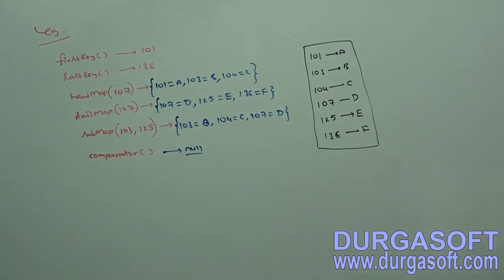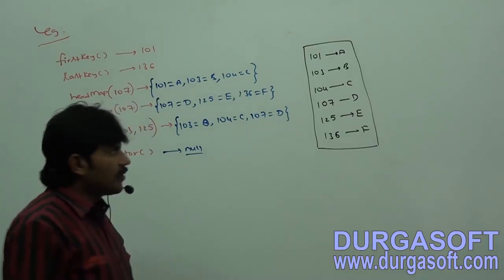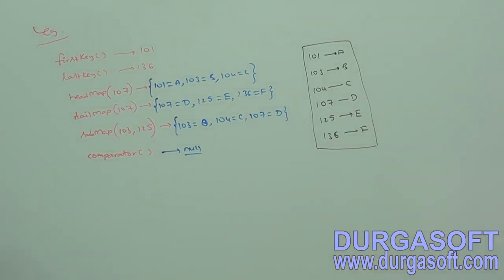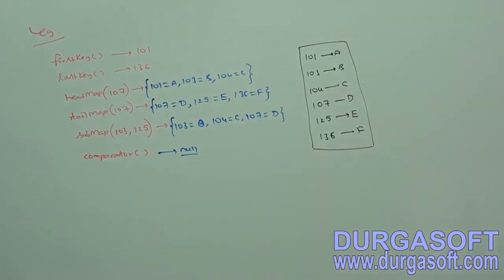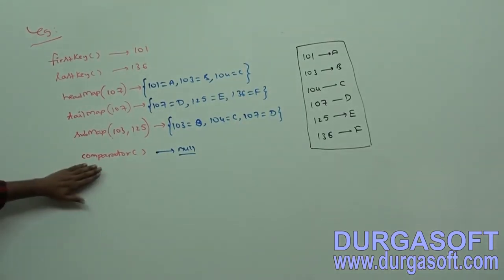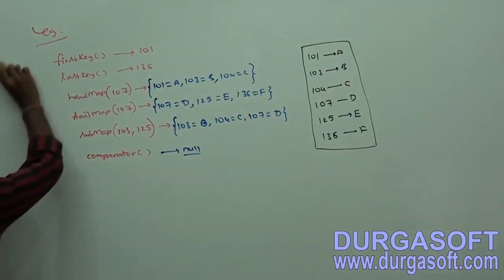So clear for you, right? 101 is nothing but A, 103 B, C, D, E, F. So that's all. This is about sorted map.